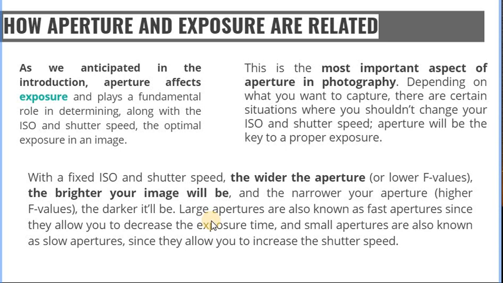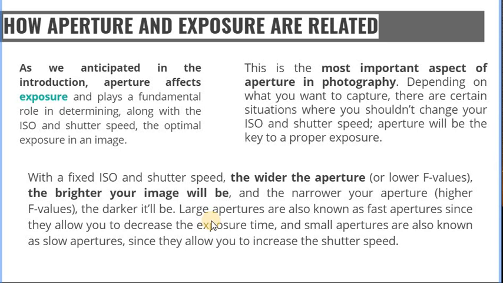Bakit? Kasi po, ma'am, gabi. You need more light. Ano naman ang gagawin mo sa inyong shutter speed? Mabilis naman ba o mabagal? Mabagal. Kasi kailangan mo ngang magpasok ng madaming ilaw.